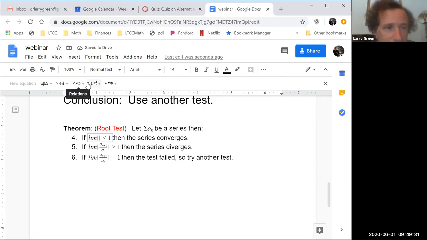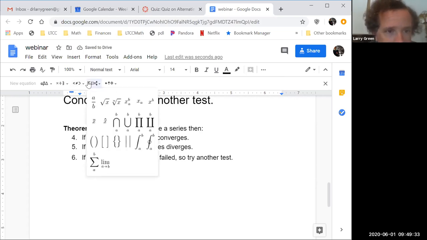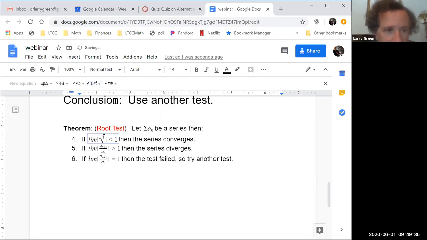of the, let's see if it'll allow me to do this. Yep, good. nth root of a sub n is less than 1, the series converges.